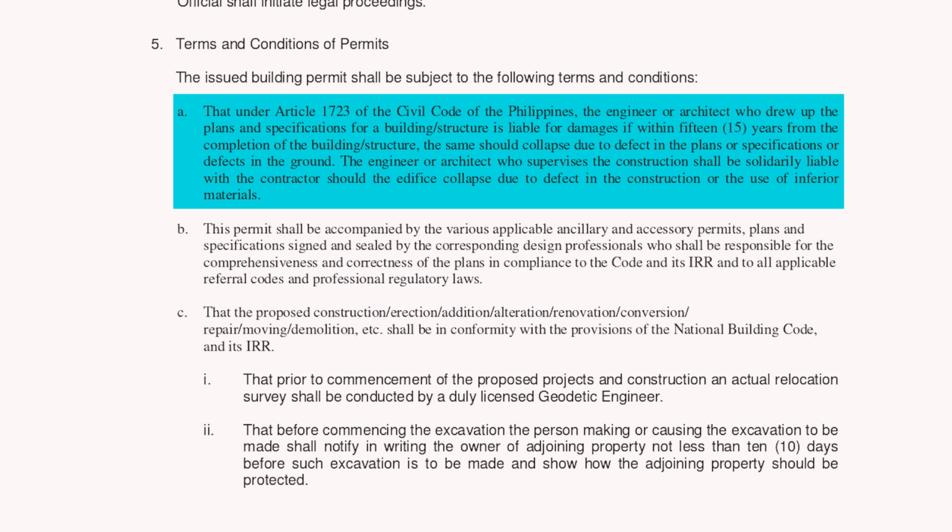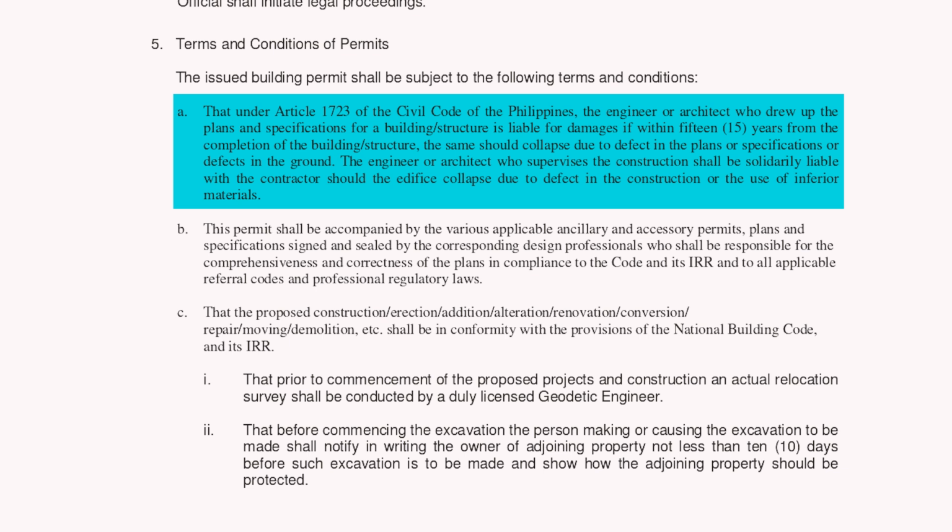That's kind of parang a very flimsy argument to make. No? The ground is the ground, and your design should have been parang appropriate for the soil condition, for the soil type. So, in other words, this still boils down to the same thing, which is bad design. So I'm simplifying it. Basically, defective design, bad design, a collapsing building due to bad design during the first 15 years. Yeah, liable for damages yung architect or engineer.